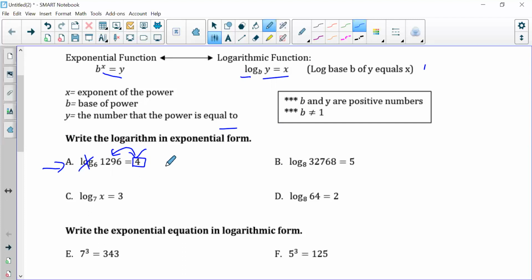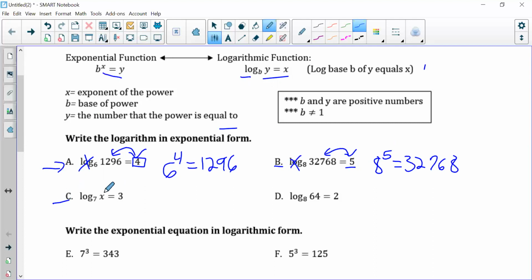All right, so let's do that. So switch those two places. 4, 1,296. The 4 is the x, so it becomes an exponent, and this is 6. So 6 to the 4th equals 1,296. Let's look at b. Again, switch them places, log goes away, this number becomes an exponent. So 8 to the 5th power is 32,768.